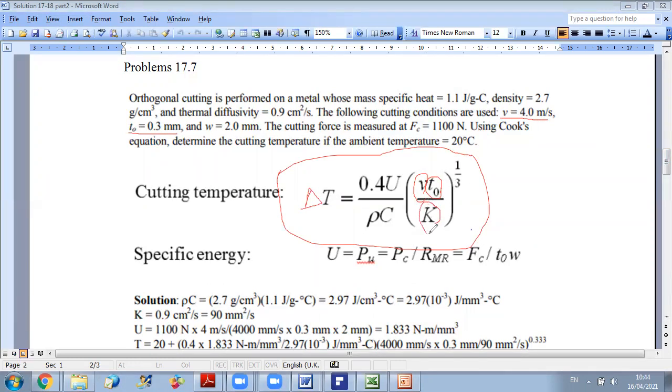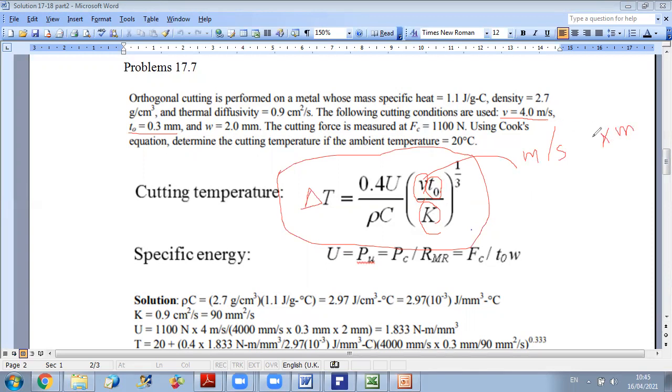Concerning the diffusivity, the value is given, but you should pay attention to units. If you are working with V and t0 in millimeter, then put K in millimeter. Because look here, I have meter per second times t0, let's say it is in meter.